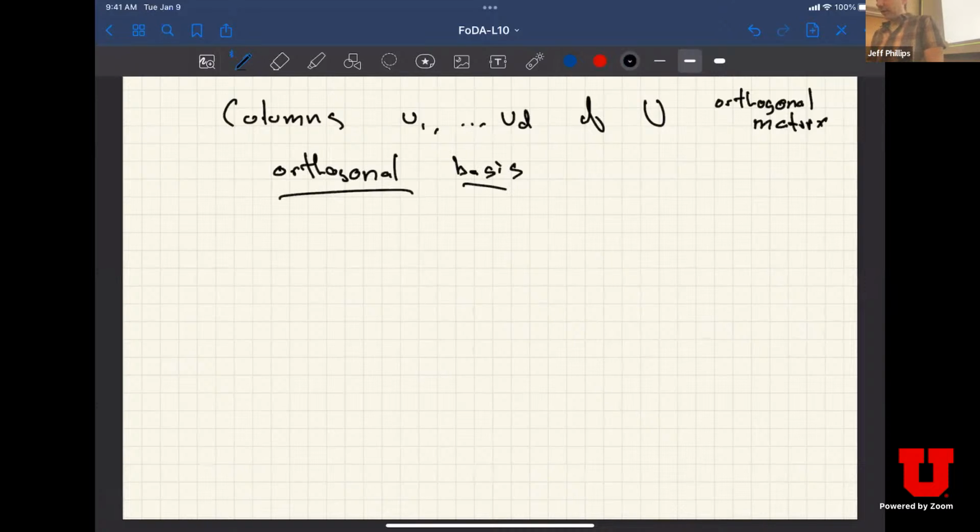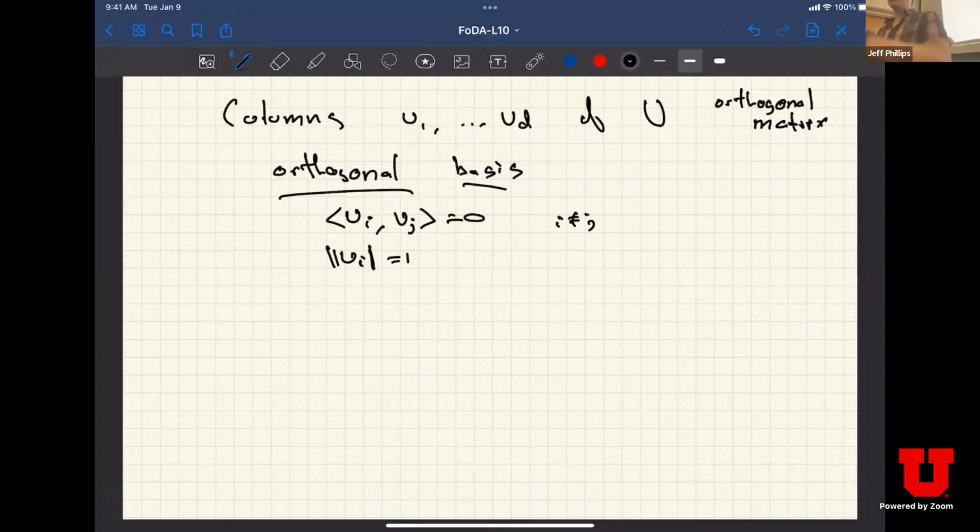That means that ui dot uj is equal to 0 for i not equal to j, and the norm of ui is equal to 1. Again, this property implies this kind of rotation interpretation.